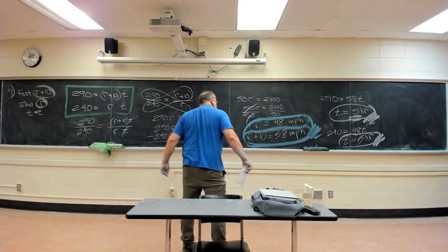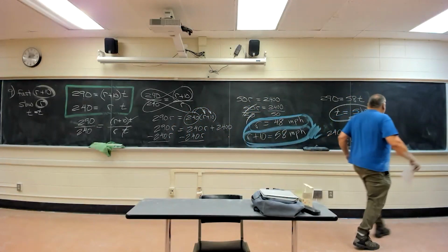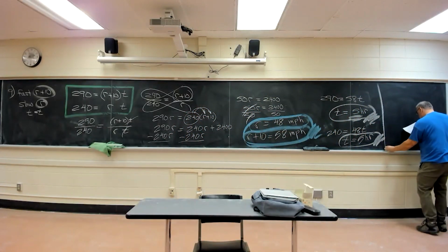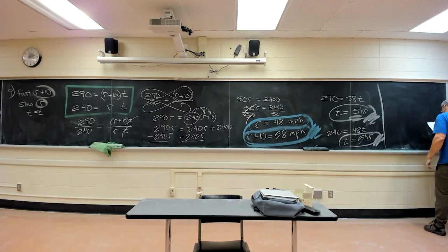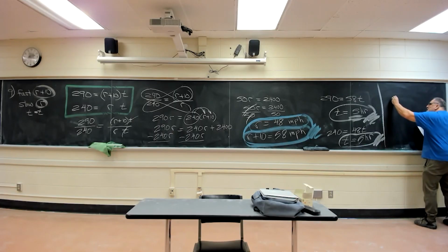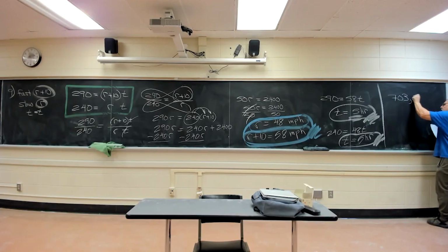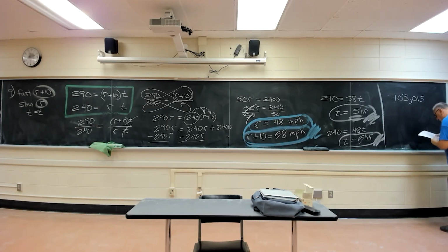Might as well keep this up here for a second. 703,015. 703 got me to the thousands place. 703, all of these are thousands, 15. 703,015. That's 10.